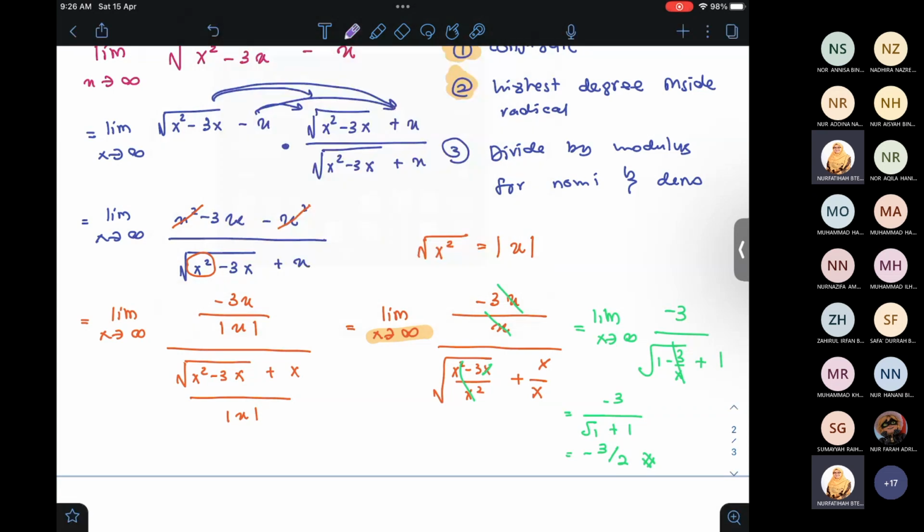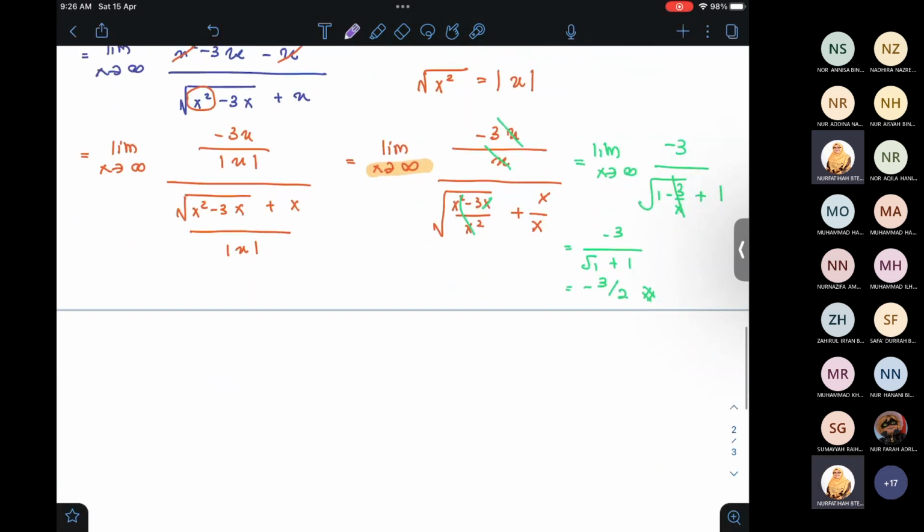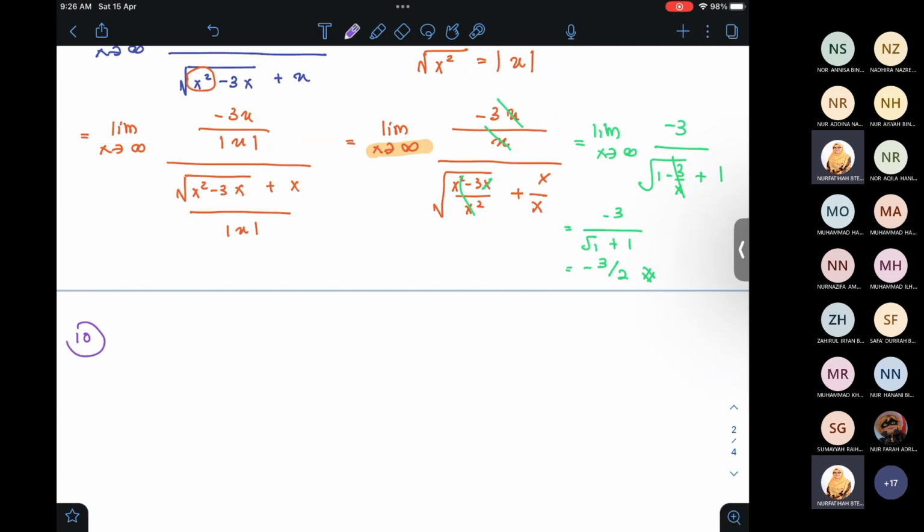For number 10, the question is limit x tends to negative infinity of the fraction with 3x to the power of 4 plus x on top, divided by x square minus 8.